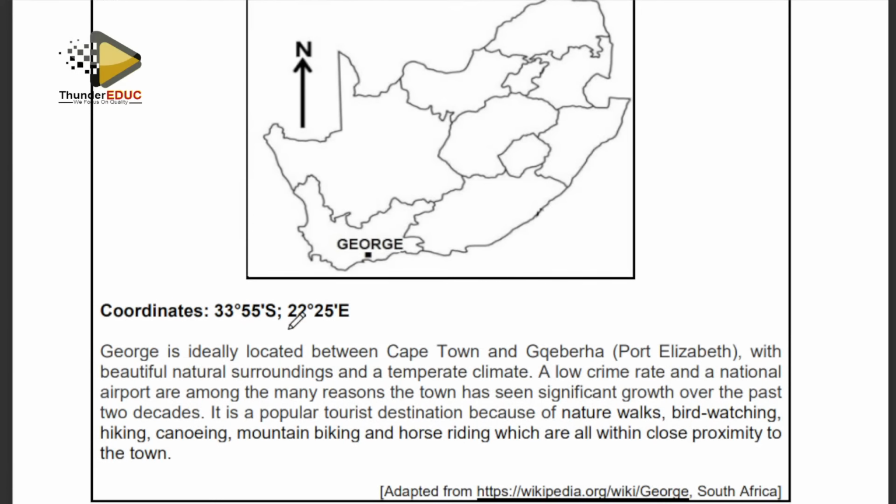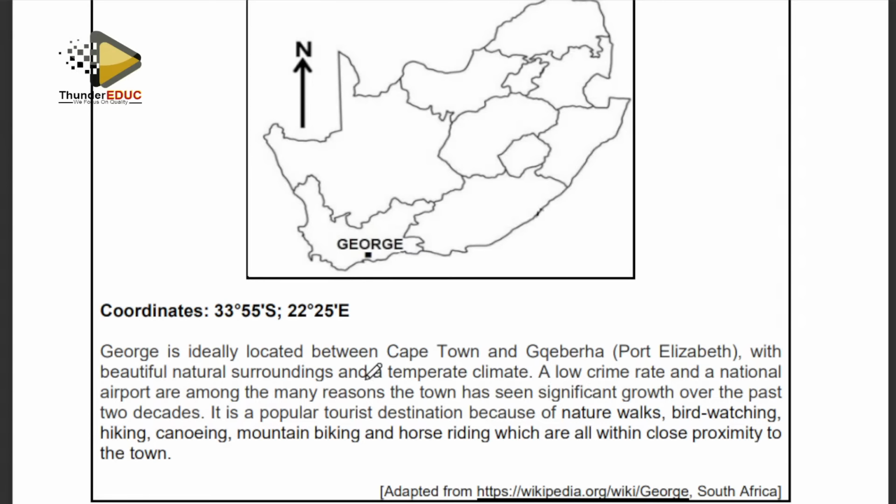But remember, before you look at George, you need to know the information there. George is ideally located between Cape Town and Port Elizabeth, with beautiful natural surroundings and a temperate climate, a low crime rate, and a national airport are among the many reasons the town has seen significant growth over the past 2 decades.